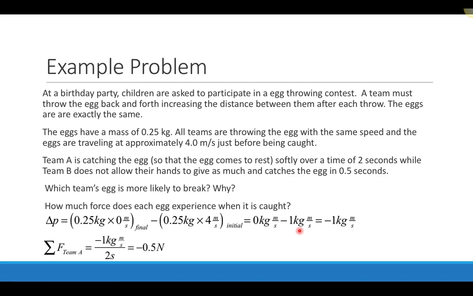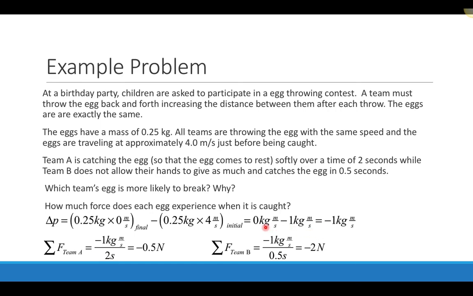Now, if I want to find the force on the egg for team A, it's going to be the change in momentum over the time interval. The time interval for team A is 2 seconds, so minus 1 over 2 is minus 0.5 newtons. If I want to find the force for team B, it's the change in momentum, which is the same for both, divided by the time interval, which is 0.5 seconds, which is negative 2 newtons.